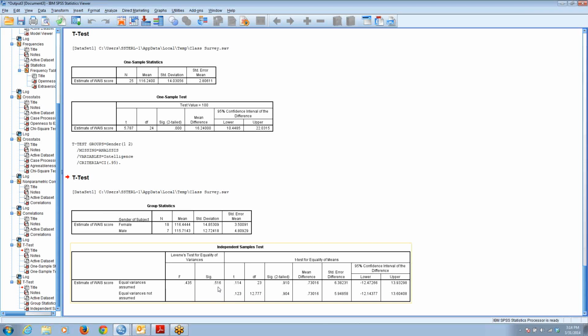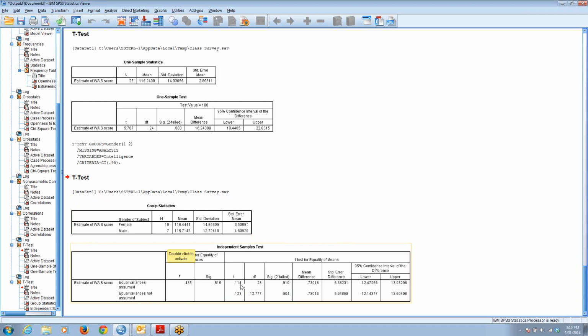If this is significant, then you should look at this line, equal variances not assumed, when you're trying to figure out if there's a significant difference. If this number is above 0.05, which in this case it is, then you can look at this line, equal variances assumed.